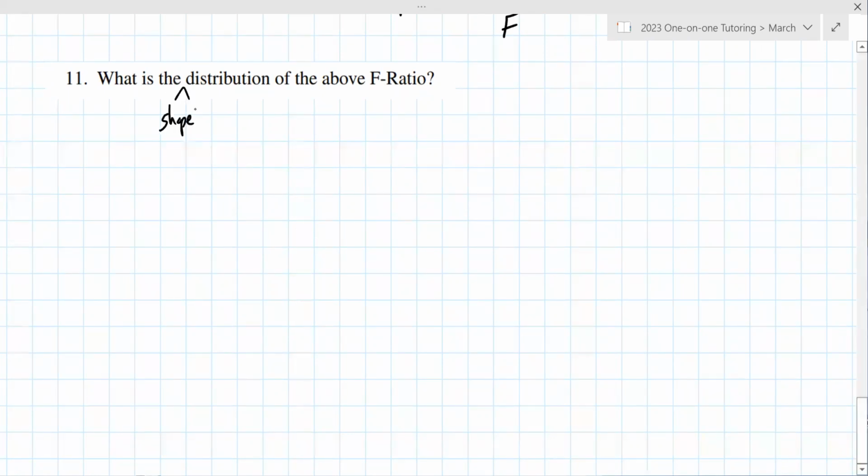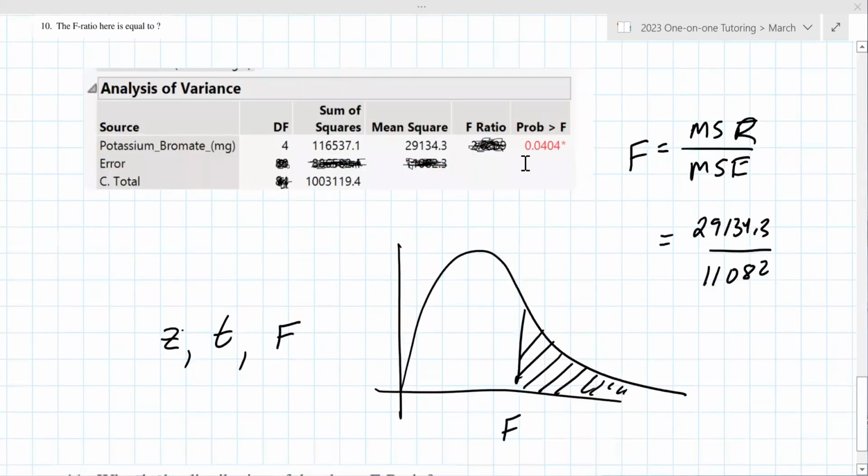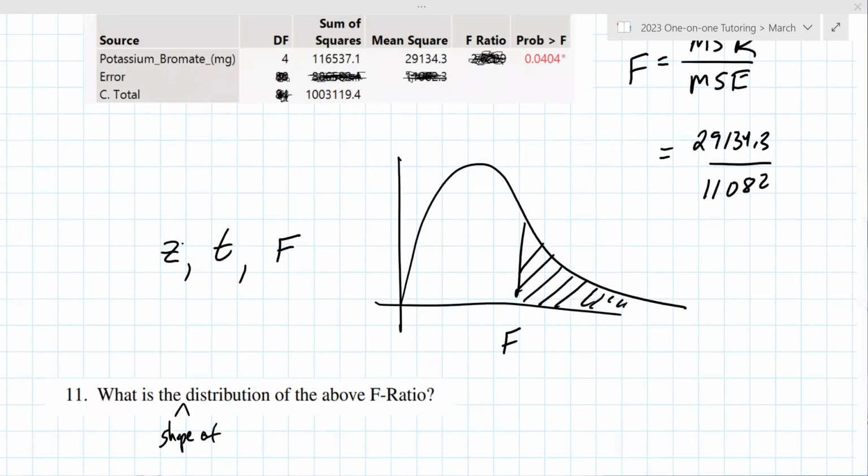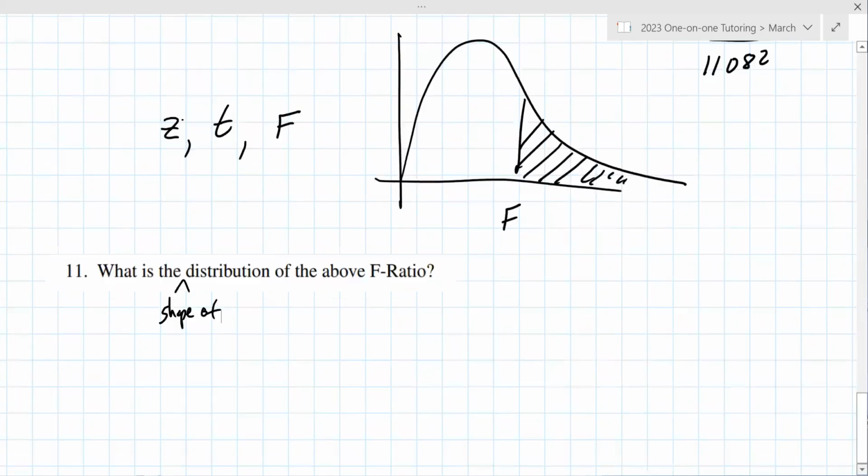It's missing a word. What is the shape of the distribution? Or what is the area? It could also be asking about the area under the curve, which it did not. Normally it asks for the p-value right there, which this one does not. So I'll ask about that one in class.